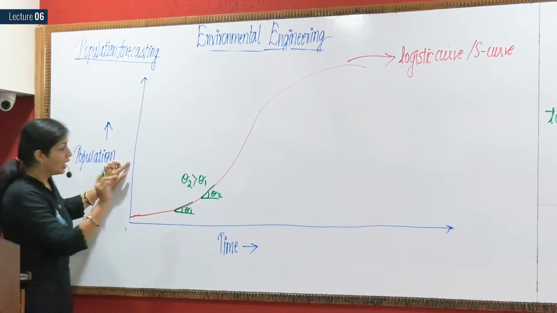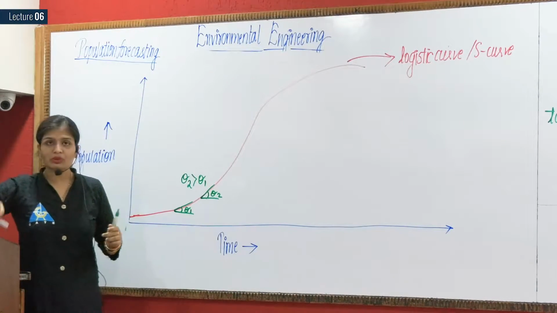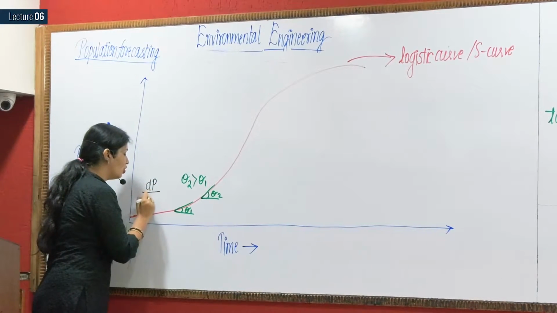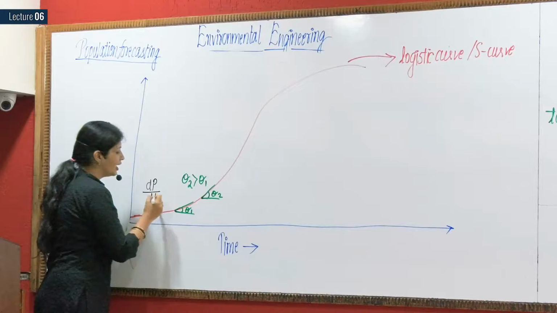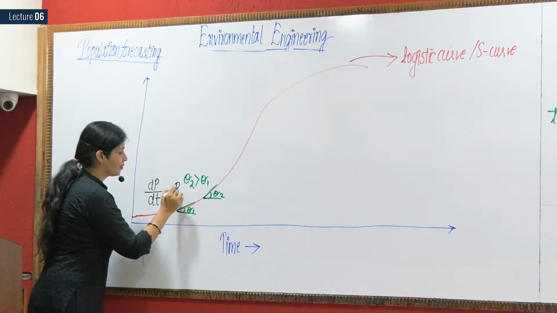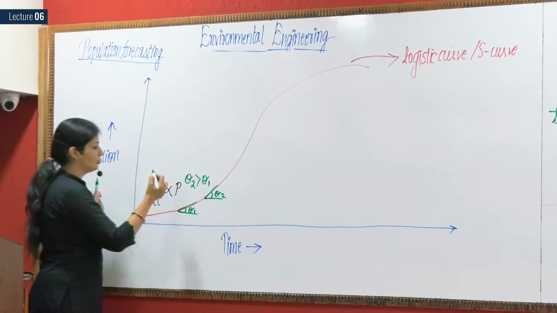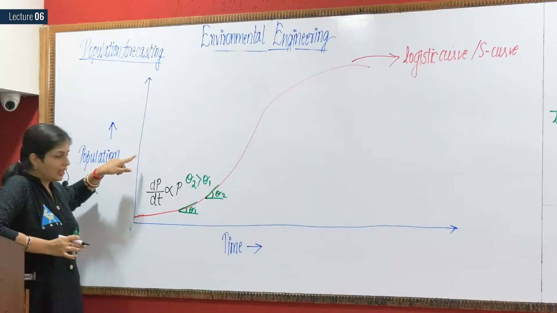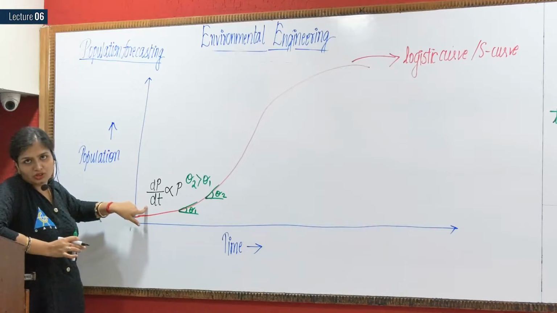Now the second thing I am telling you is, rate of growth of population is also increasing. That means they are directly proportional: as the population is increasing, the rate of growth of population is also increasing.